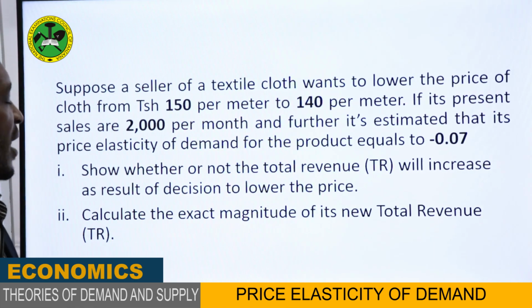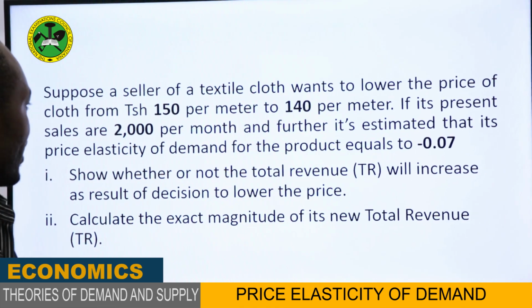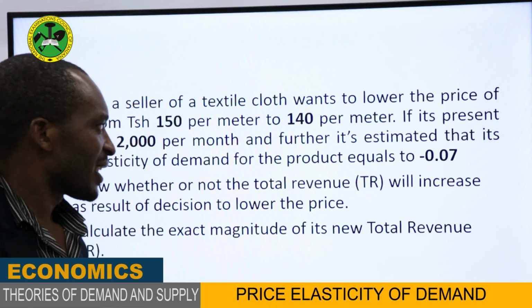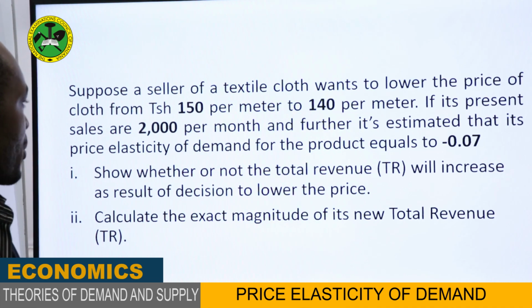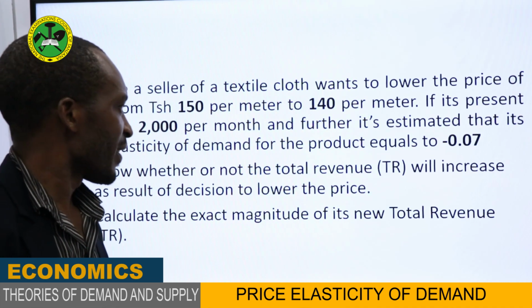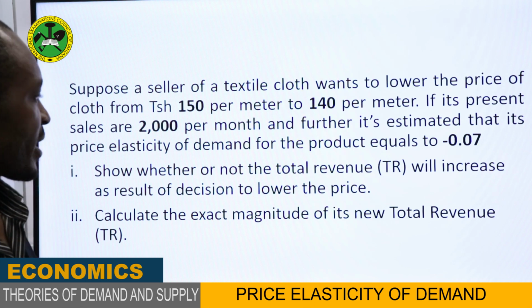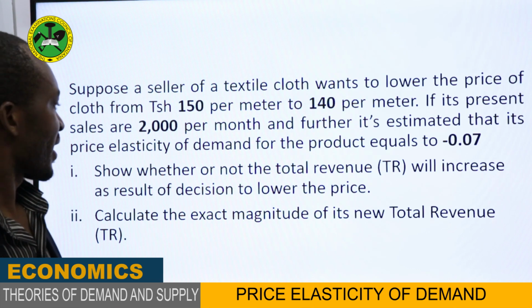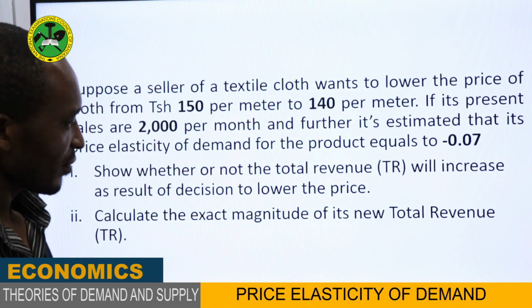If its present sales are 2,000 per month, and it's estimated that its price elasticity of demand for the product is equal to negative 0.07, show whether or not the total revenue will increase as a result of the decision to lower the price. Then, Roman 2, calculate the actual magnitude of its new total revenue.